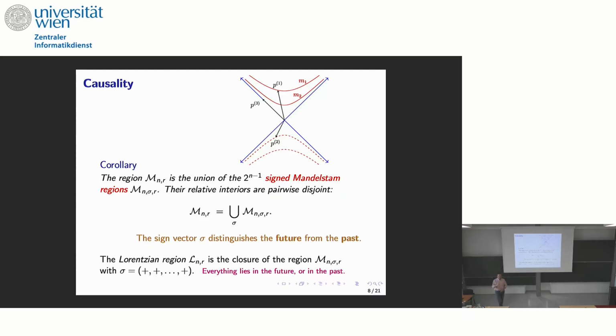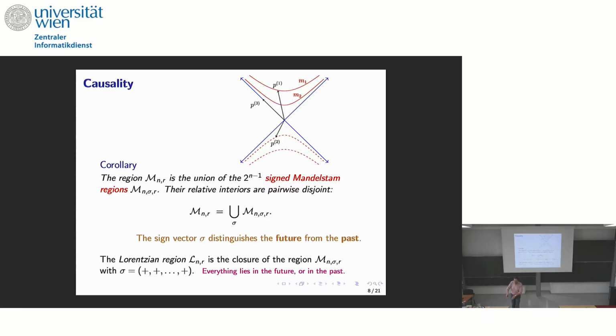Rather than having n people who like each other or not, we have n particles, and some of them are in the future, and some of them are in the past. The sign of the Mandelstam invariant simply tells us whether they are in the same piece of the cone or in opposite pieces. So put all the likable particles in the future, and all the non-likable particles in the past.